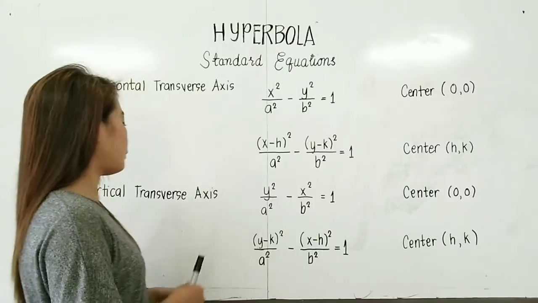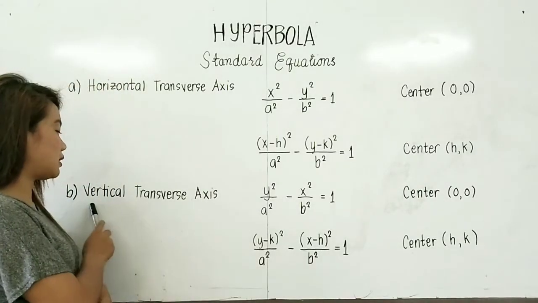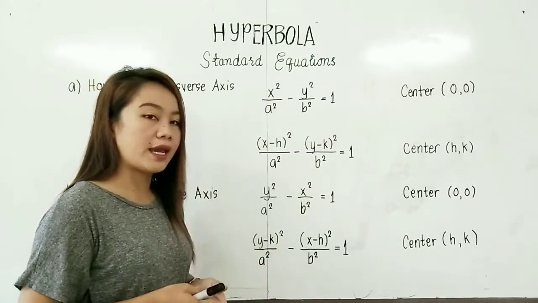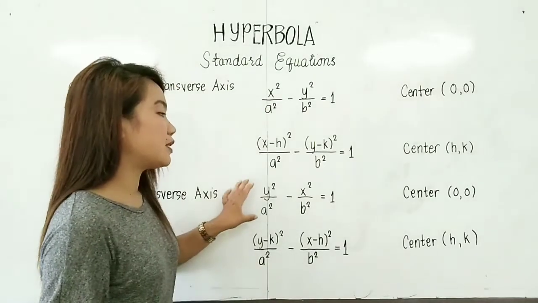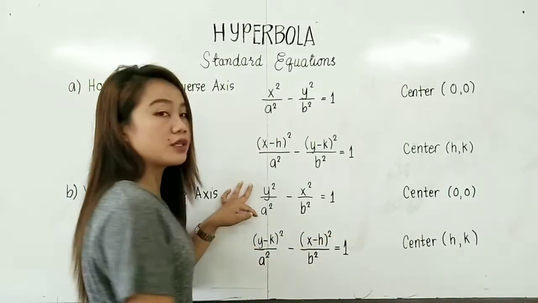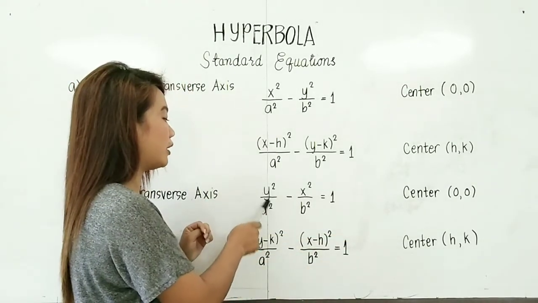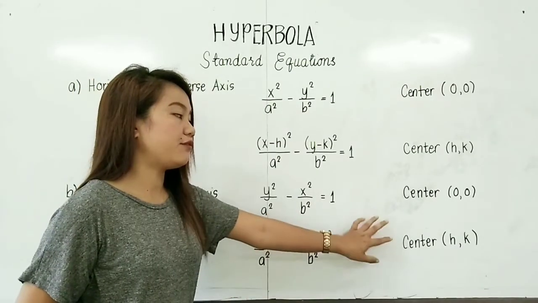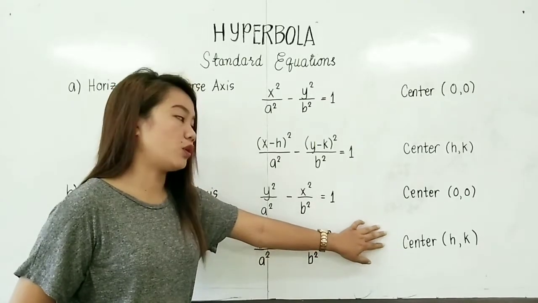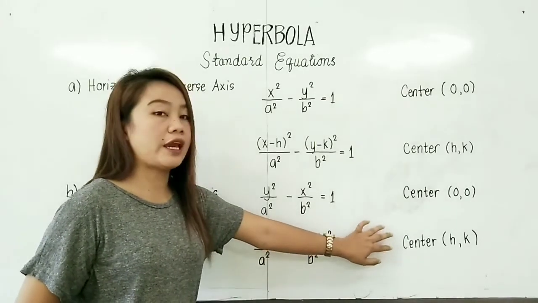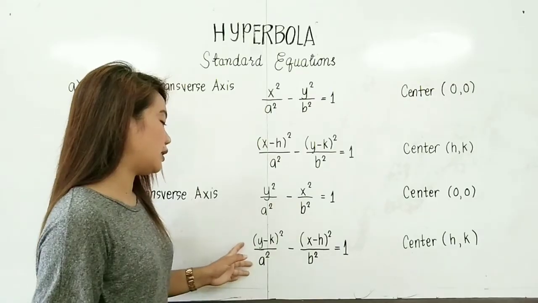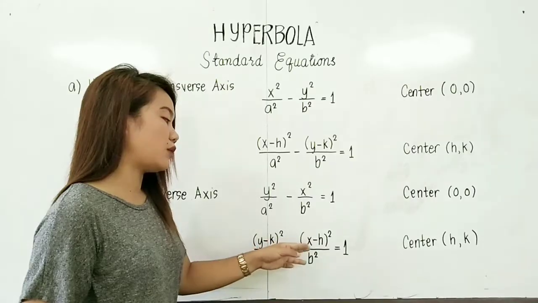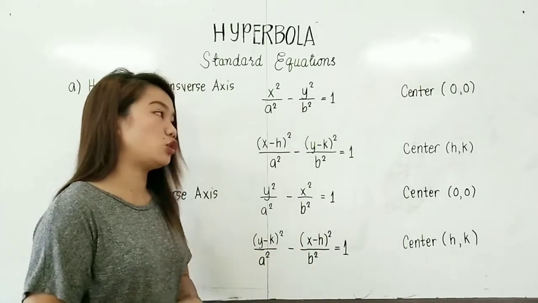Letter B: if the transverse axis of a hyperbola is vertical, so it goes along the y-axis, and the center is at the origin, the equation would be y squared over a squared minus x squared over b squared is equal to 1. But if the center is not at the origin anymore, so it has values (h, k), the equation is quantity y minus k squared over a squared minus quantity x minus h squared over b squared is equal to 1.